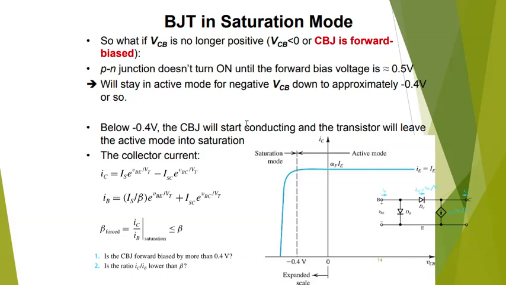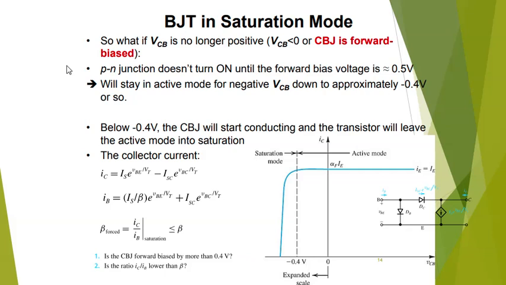What is the saturation mode? Let's go over it quickly. I just told you how we know, using VCE, that it went to the saturation mode. Now there is another characteristic, which is VCB, the voltage between the collector and the base. This voltage between the collector and the base is forward biased, right?